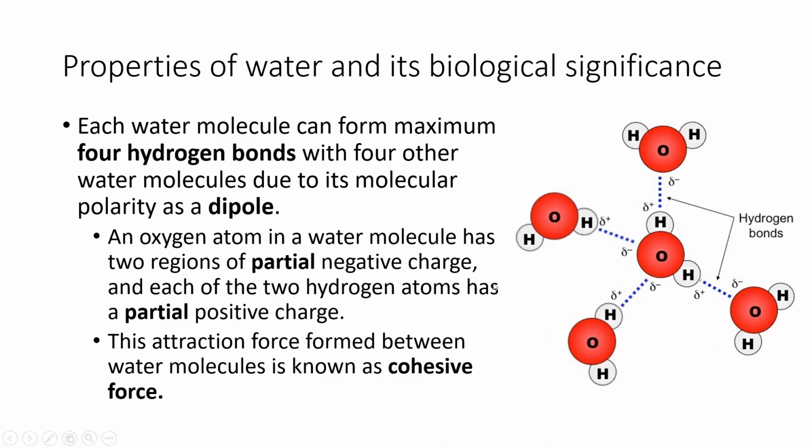An oxygen atom in a water molecule has two regions of partial negative charge, and each of the two hydrogen atoms has a partial positive charge. So this attraction force formed between the water molecules is known as cohesive force.